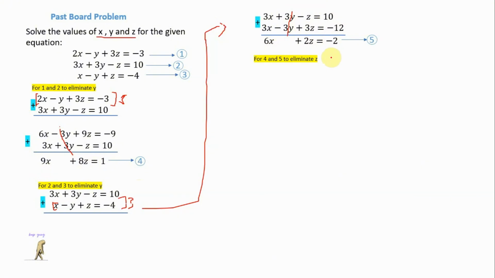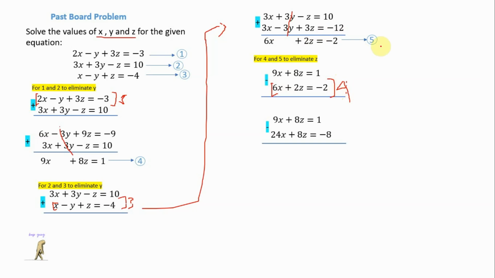So what we need to do now is to simplify our equations 4 and 5 to eliminate one variable. If you want x, you can do that, but in this video, we're just going to eliminate the variable z. As we can see, we cannot do that yet because it is not divisible. So what we're gonna do is to multiply this equation 5 by 4.